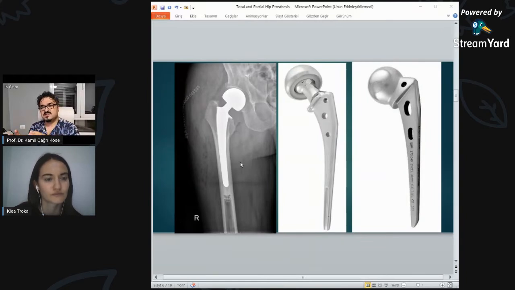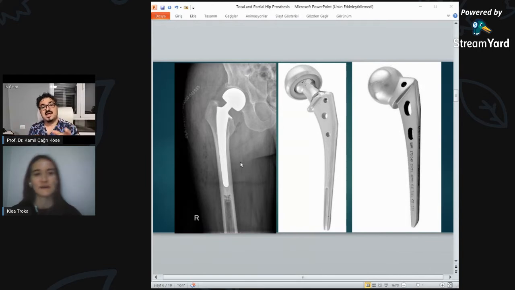So if we are doing this operation on a very old person, I generally prefer non-cemented prosthesis with porous coating to ensure initial stability. But as I said, if the bone structure is too weak in our patient, I use cemented prosthesis also.